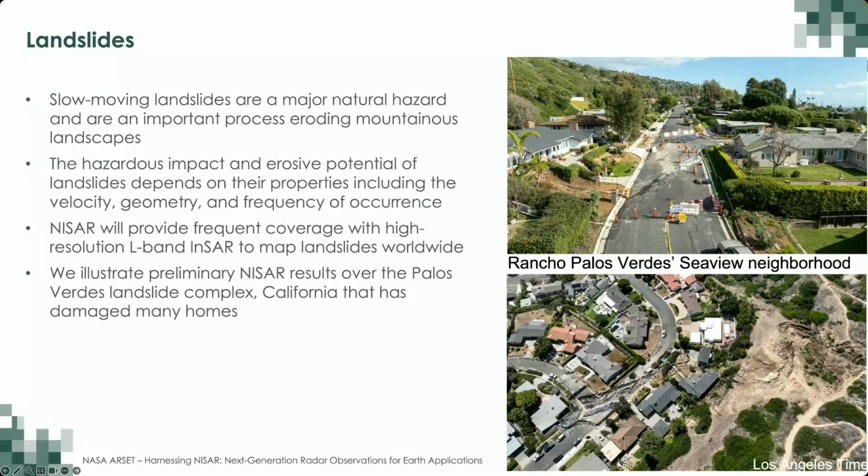This is the vertical view. You see this landslide edge here that went right through the middle of this house and completely tore it apart in 2023. This house was red tagged.